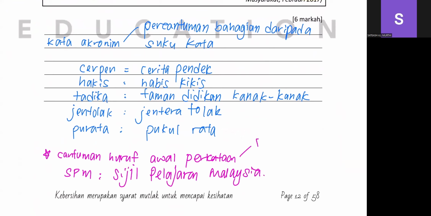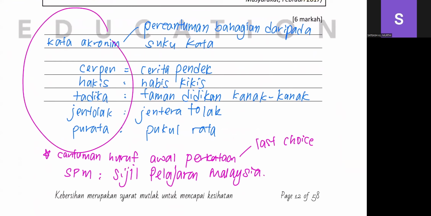This is your last choice. You find those kata acronym first. Confirm this kata acronym because some of teacher they didn't accept cantuman huruf awal perkataan. So you find the words first. This is your last try.